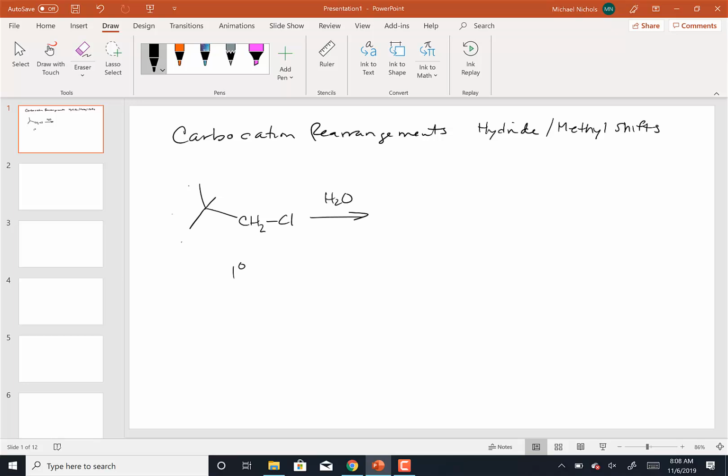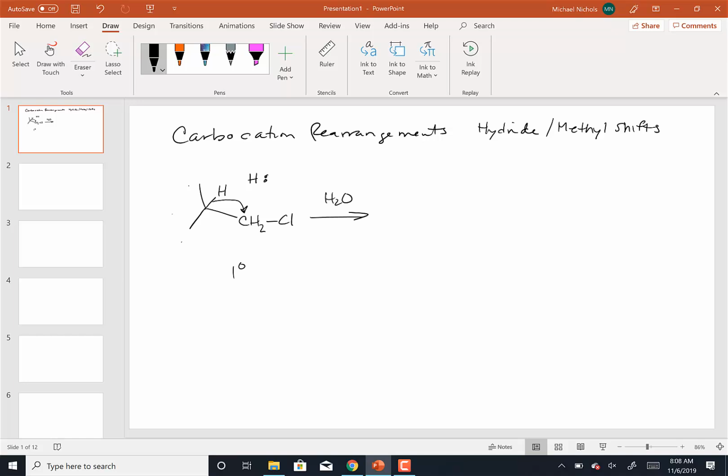If we take a hydrogen or a methyl group that is next to the carbon with the leaving group, so this is really a beta carbon phenomenon, what can happen is that this hydrogen can take its pair of electrons and move to bond to that carbon. When that hydrogen is moving, it is moving as a hydrogen with two electrons, which makes it a hydride.